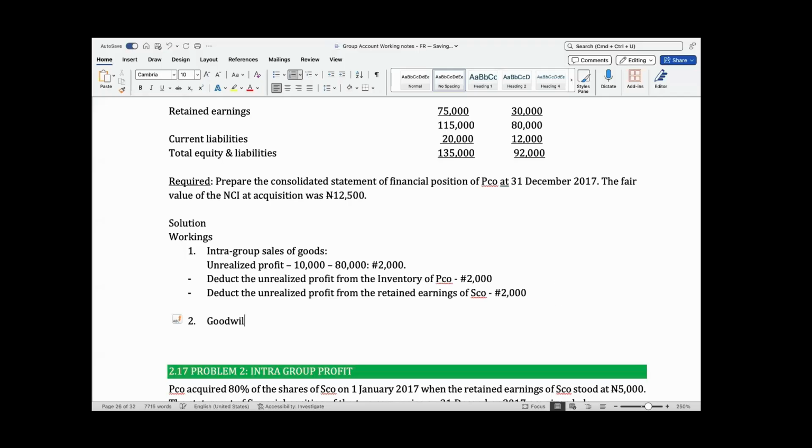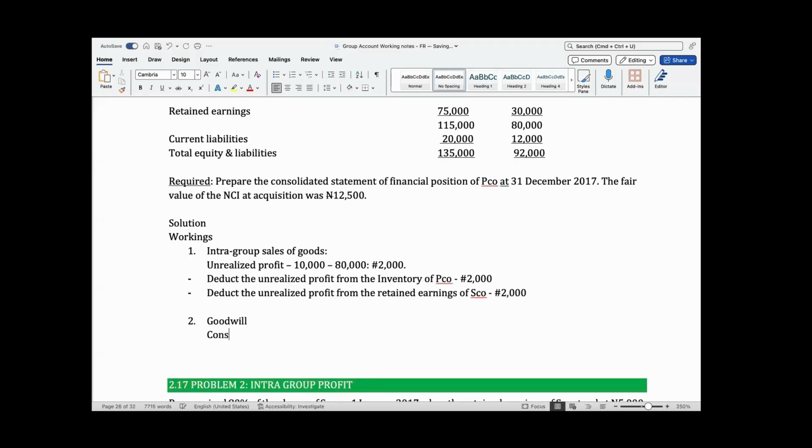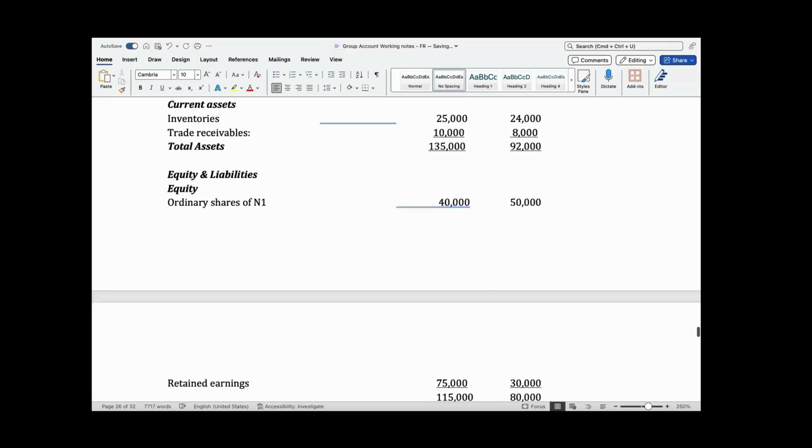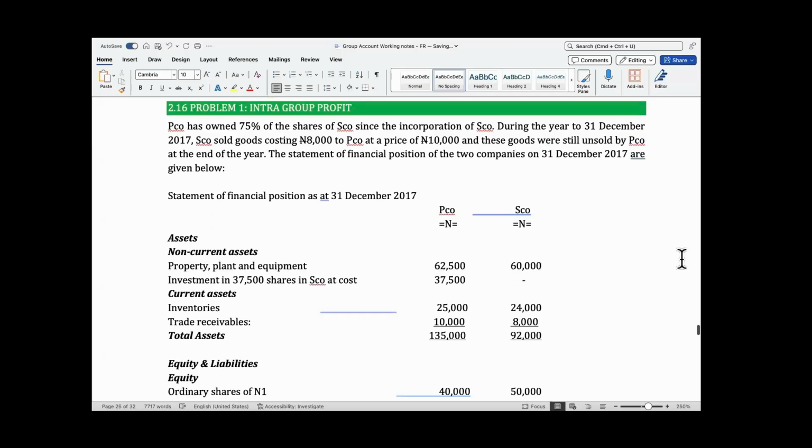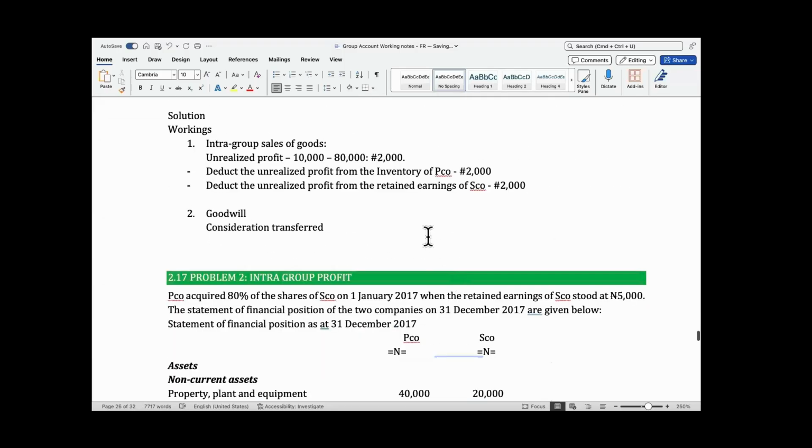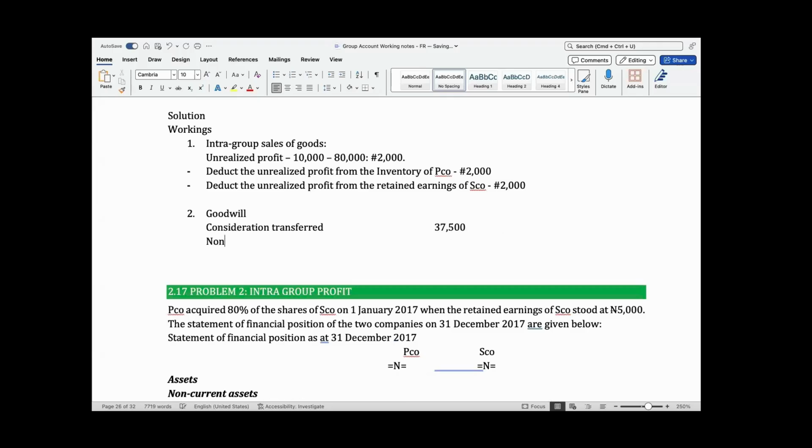First is the one that will result in that goodwill. So we'll have consideration transferred. How much did the parent pay? He paid 37,500. Then non-controlling interests.